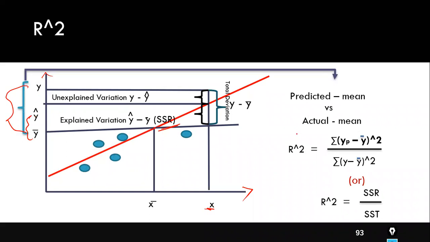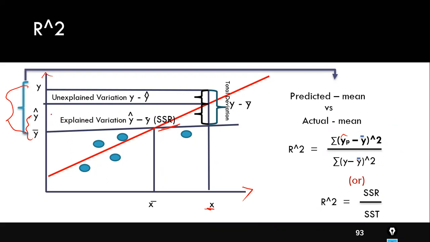So y hat minus y bar whole squared, divided by y minus y bar whole squared.